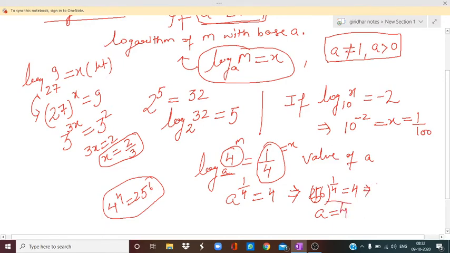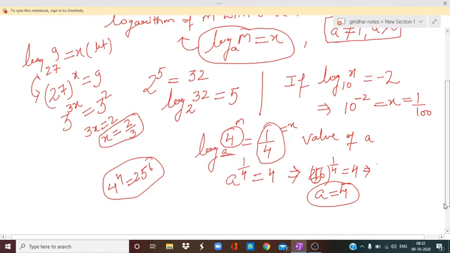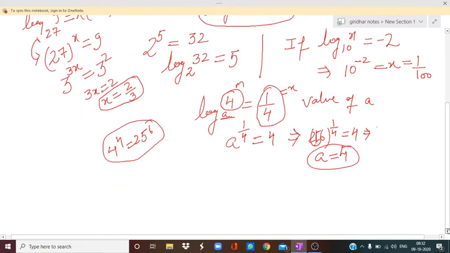So a equals 256 is the correct answer. So the definition and some control over powers is required in such types of problems. Again, the definition plays a vital role.